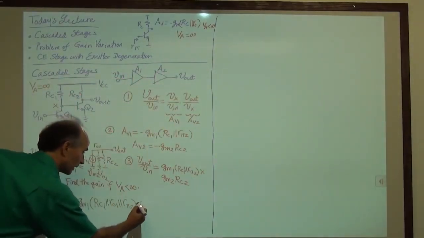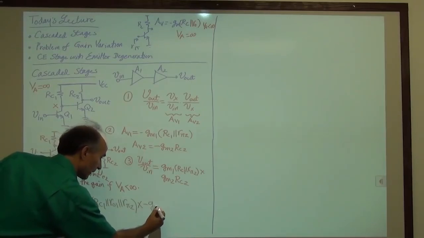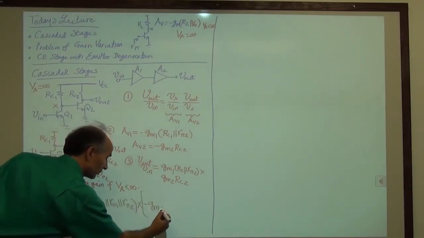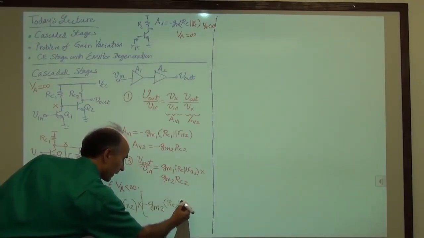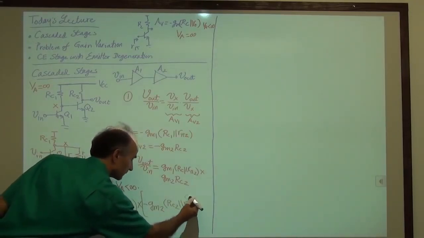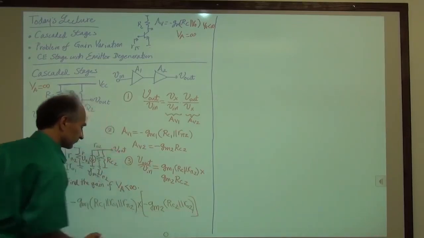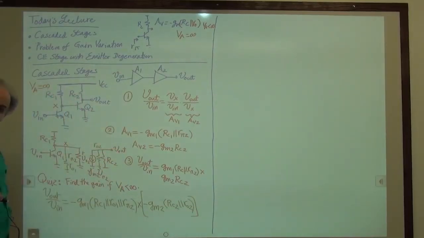So that would be times minus GM2 times RC2 in parallel with RO2. And this is the voltage gain of the cascade, including the output impedance.